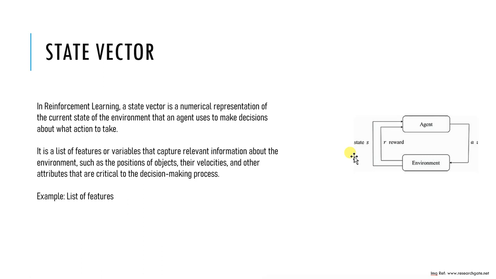So consider the state vector a list of features that help the agent to take an action. We store all the relevant information in a list, like a Python data structure. That is what a state vector is.